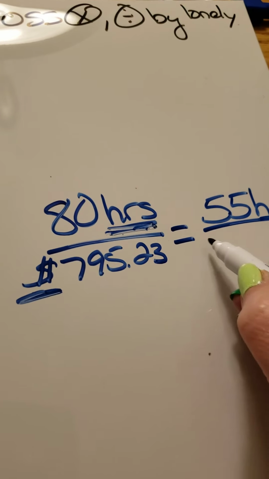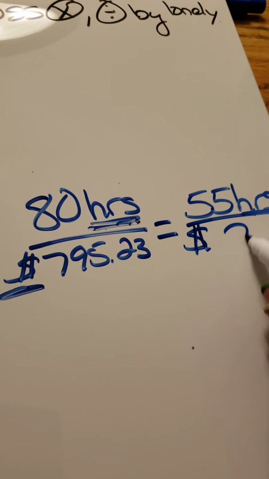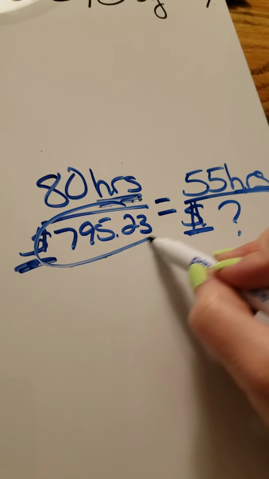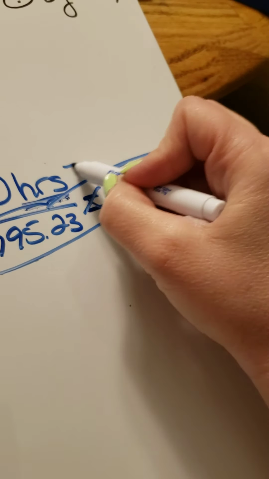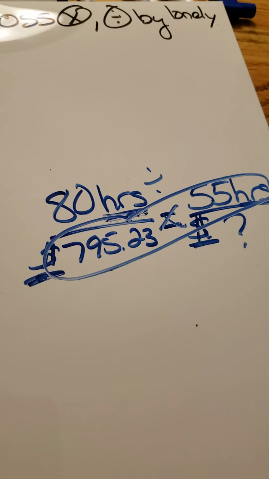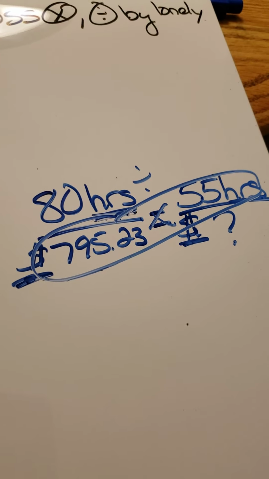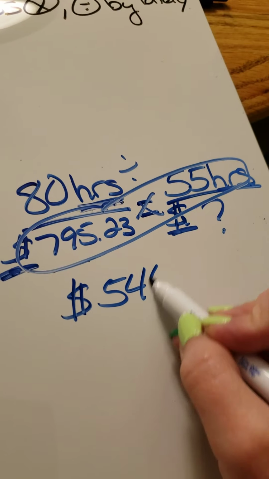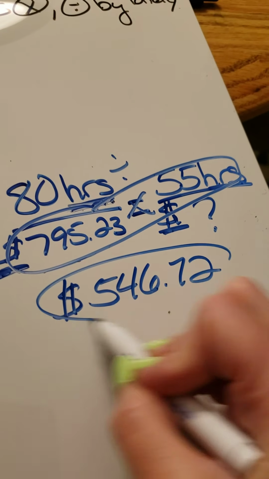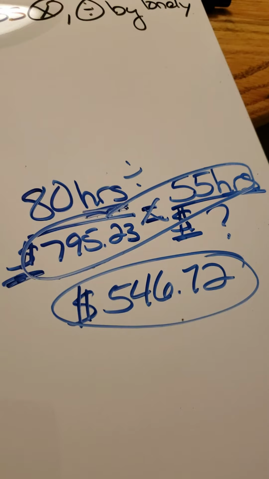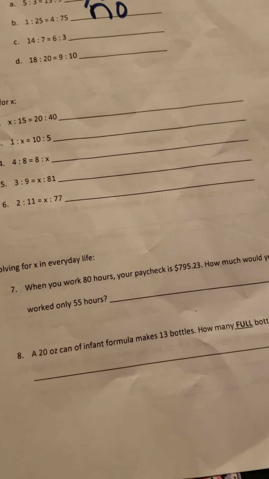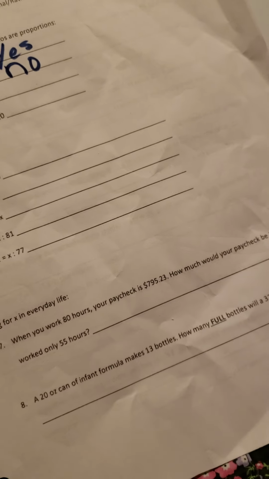Hours, next to hours, question mark, money, next to money. Cross multiply and divide. That simple.